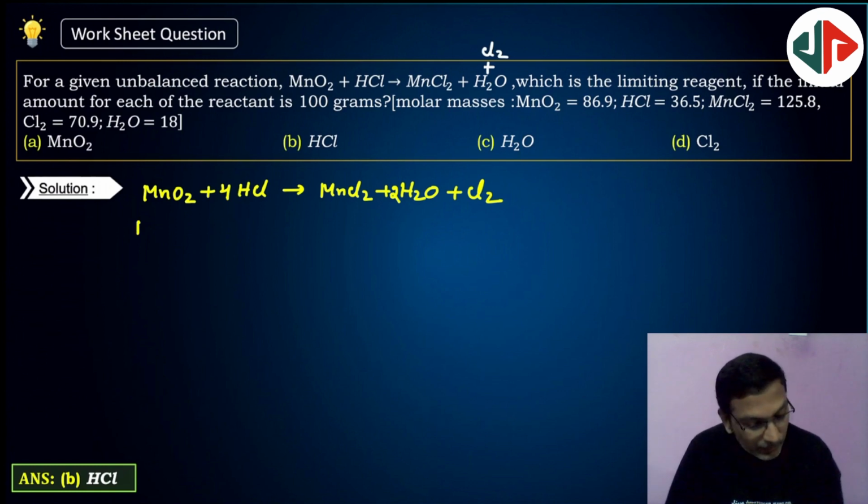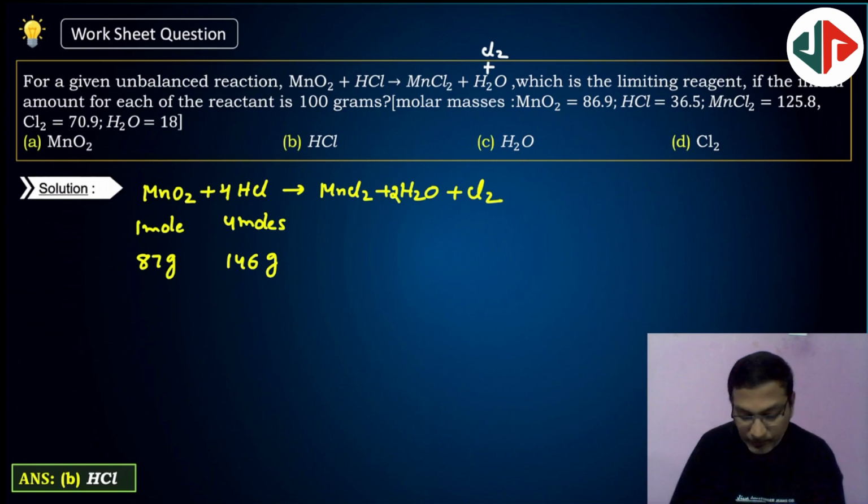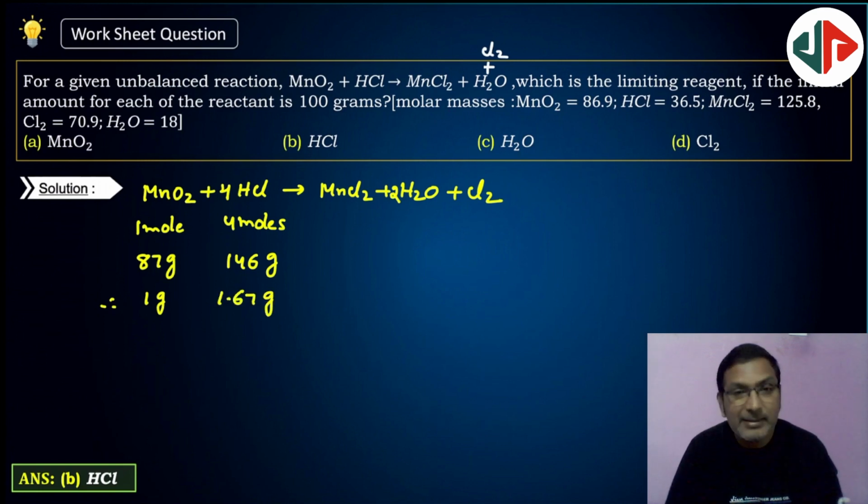Next, here 1 mole and here 4 moles. So 1 mole means here 87 grams of MnO2 and here 146 grams. Therefore, I am taking here 1 gram. For 1 gram of MnO2, 1.67 grams of HCl is required according to the equation.